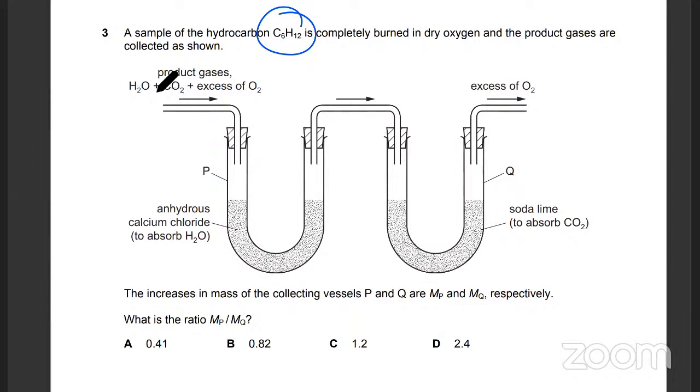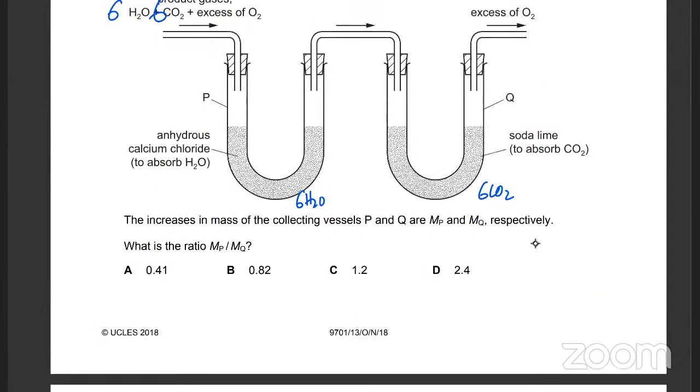So the water and carbon dioxide ratio would be exactly the same. This one is absorbing water. This one is absorbing carbon dioxide. So if 6 water molecules are absorbed over here and 6 carbon dioxide molecules are absorbed over here, how will the mass of the two tubes change?